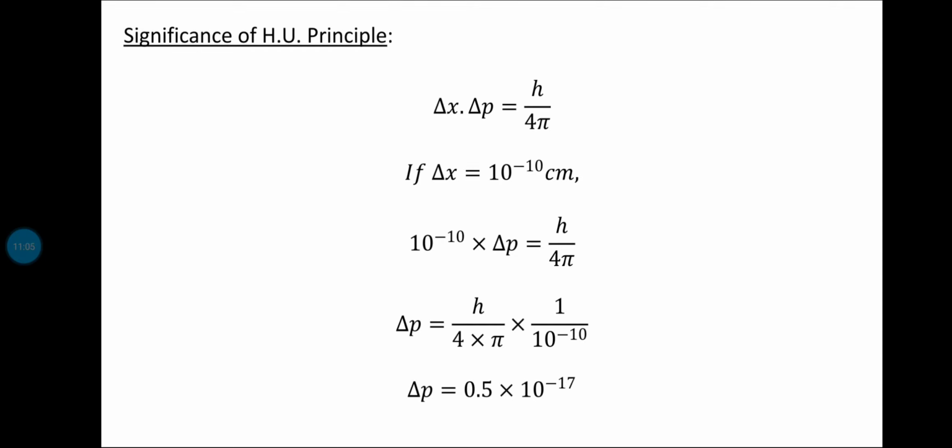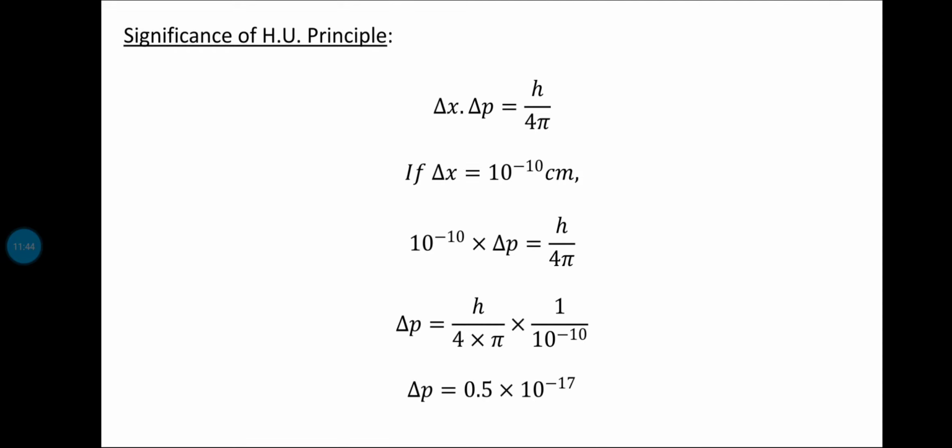So when the error in the determination of position is more, delta p, the uncertainty in linear momentum, will be less. When the uncertainty of one variable is more, automatically the uncertainty of the other variable will be less.